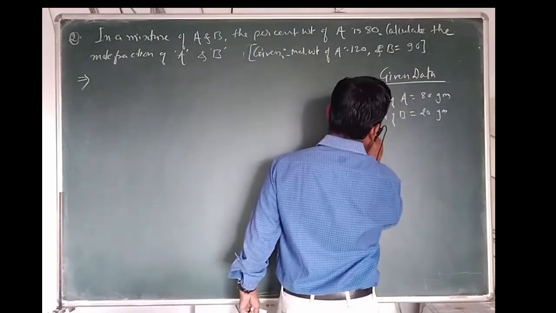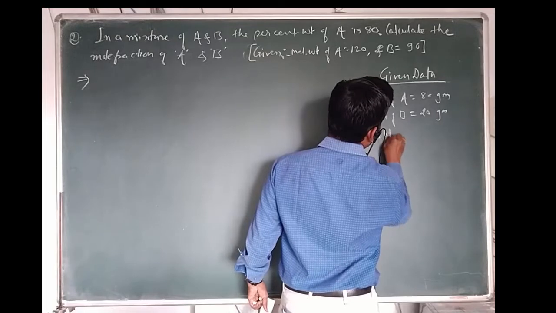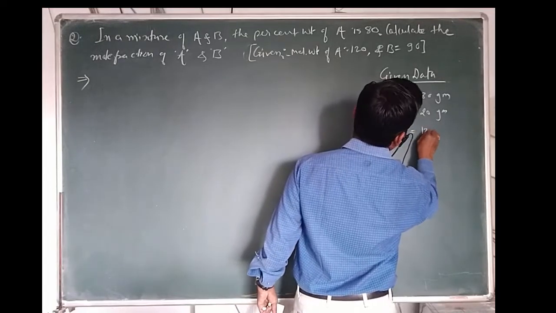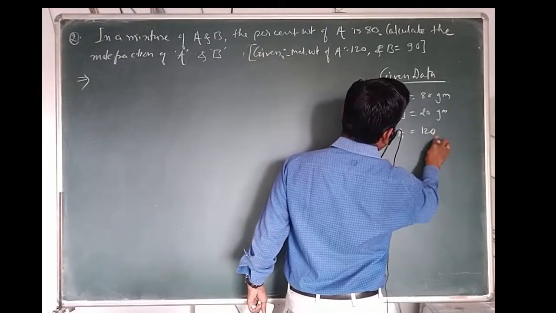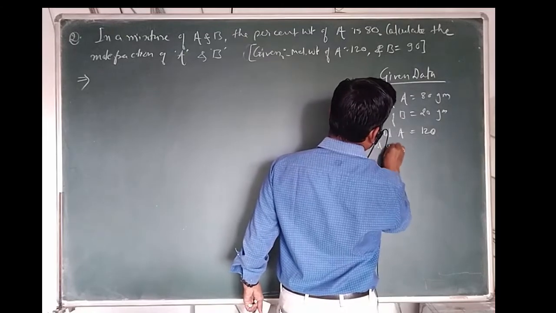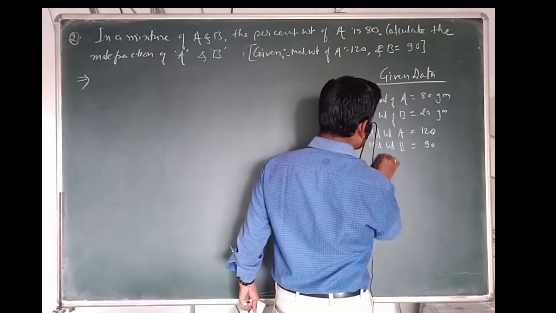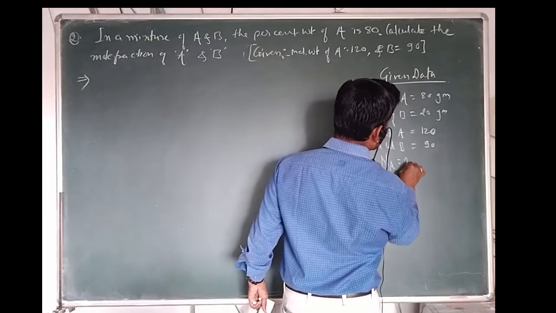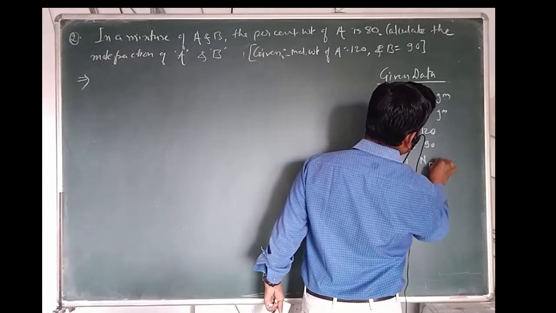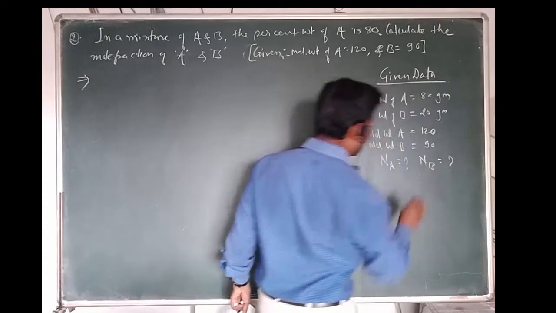Molecular weights are given: molecular weight of A equals 120 and molecular weight of B equals 90. We have to calculate the mole fraction of A, Na, and the mole fraction of B, Nb. This is a very simple problem.